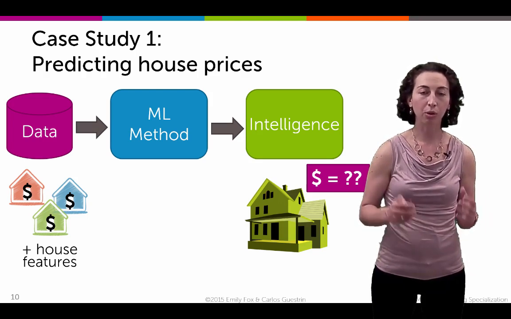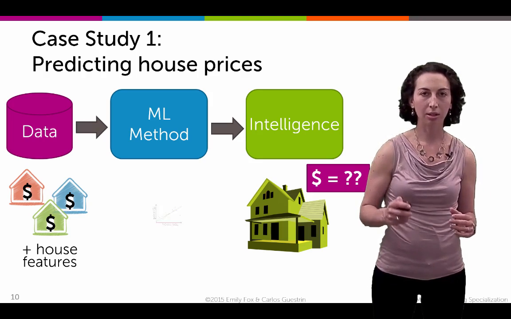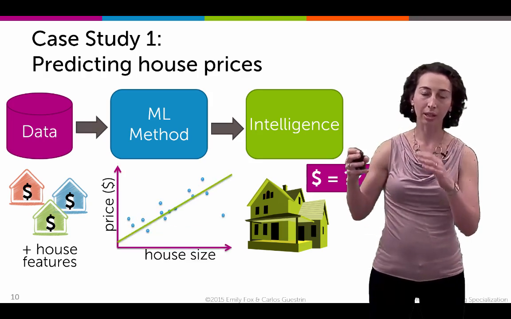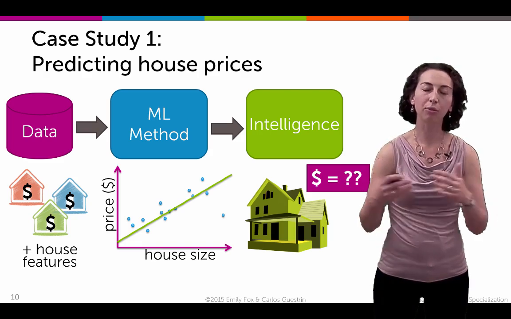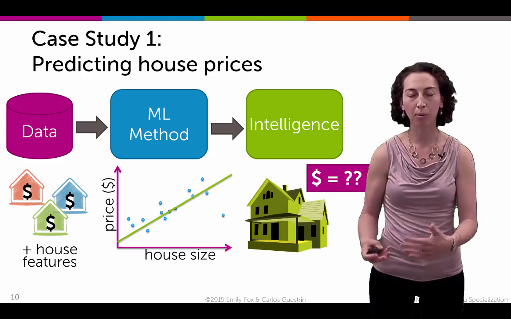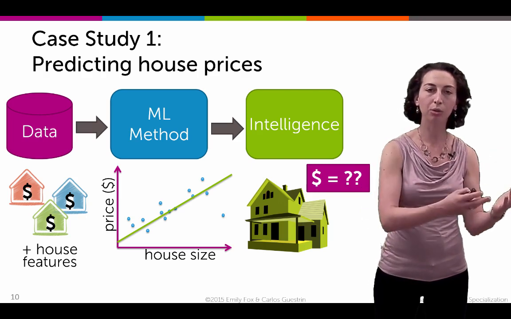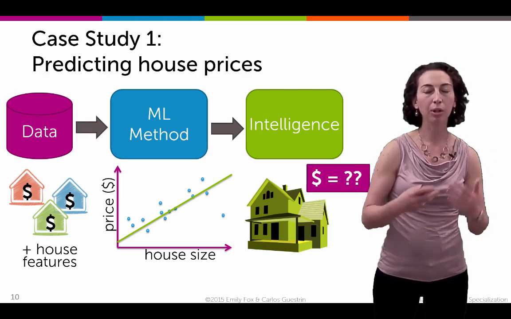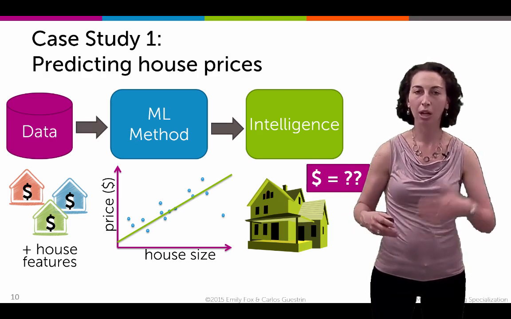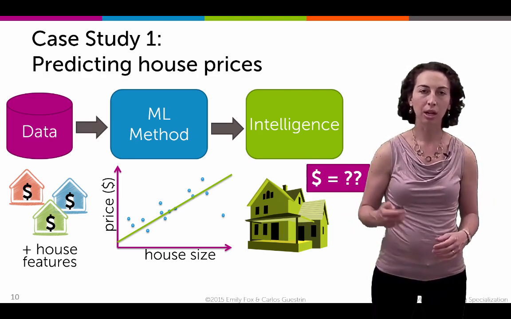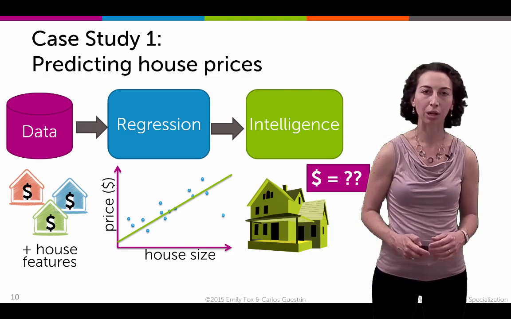And what we're going to do, our machine learning method, is something that's going to relate the house attributes to the sales price. Because if we can learn this model, this relationship from our house level features to the observed sales price, then we can use that for predicting on this new house. We take its house attributes and predict its house sales price. And this method is called regression.